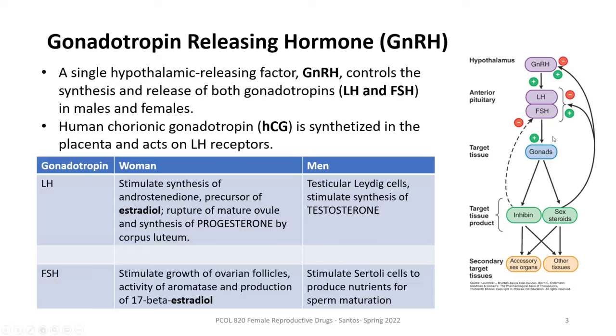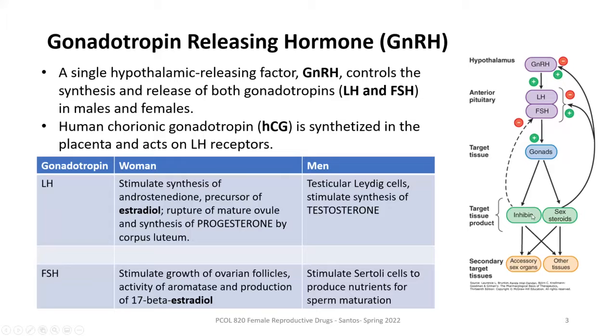As you can see, the gonadal steroid hormones, which are basically estrogens, androgens, and progesterone, also exhibit negative and positive feedback at the level of the anterior pituitary as well as the hypothalamus.